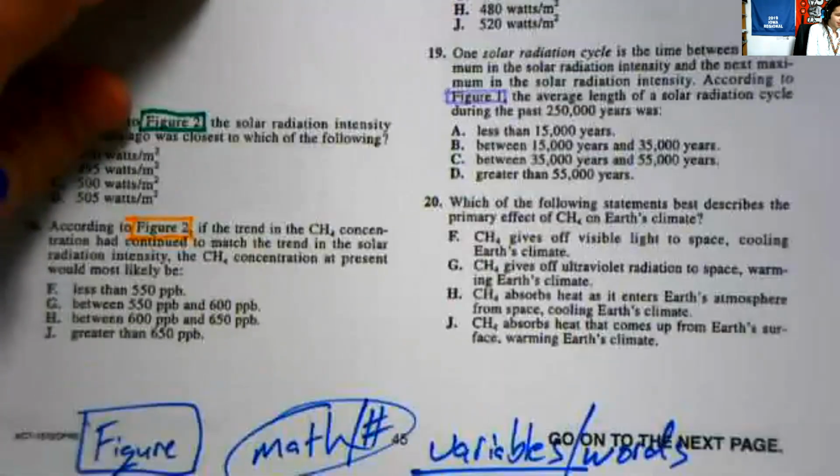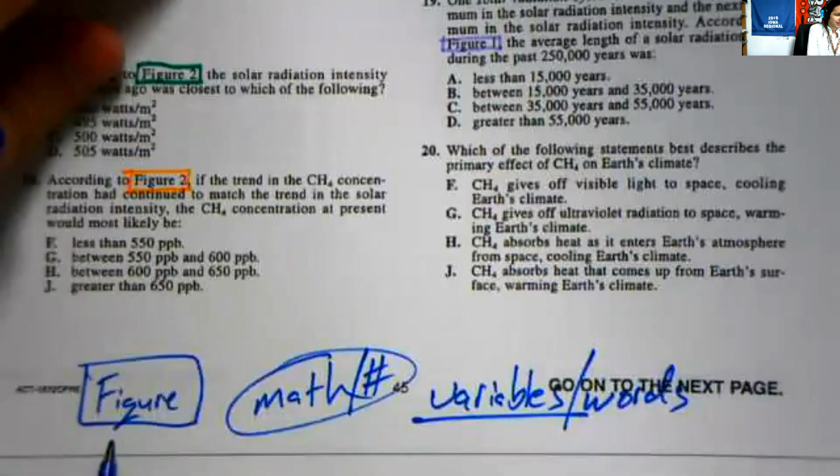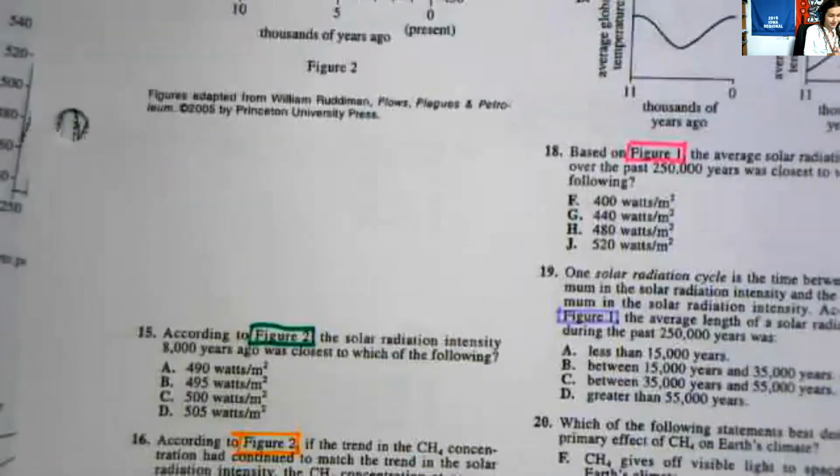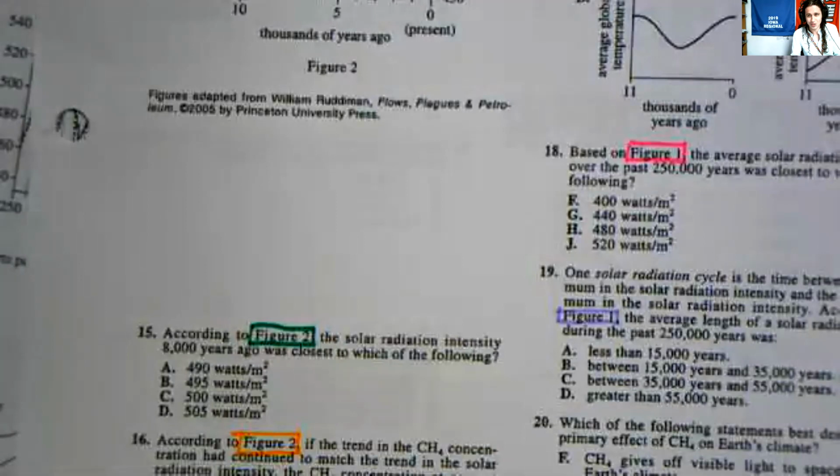Vocabulary. So I'm going to box in where I'm looking. I'm going to circle numbers, mathy sorts of things, higher, lower, that sort of business, and then I'm going to underline variables and words that seem to be of importance. I'm going to keep basically doing that for the next 3 weeks, so, let's go.